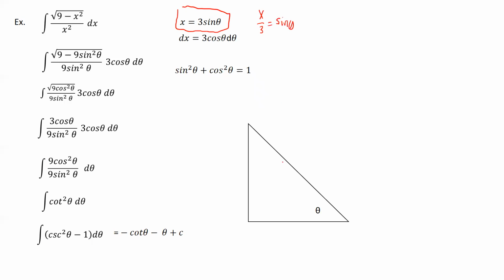So if you look at the triangle, sine theta, opposite over hypotenuse. So x over 3 equals sine theta. Then using Pythagoras, 3 squared minus x squared, take the square root, and that gives you the missing side. So one more time, sine theta was x over 3, so opposite over hypotenuse. Then Pythagoras will tell you what the missing side is.